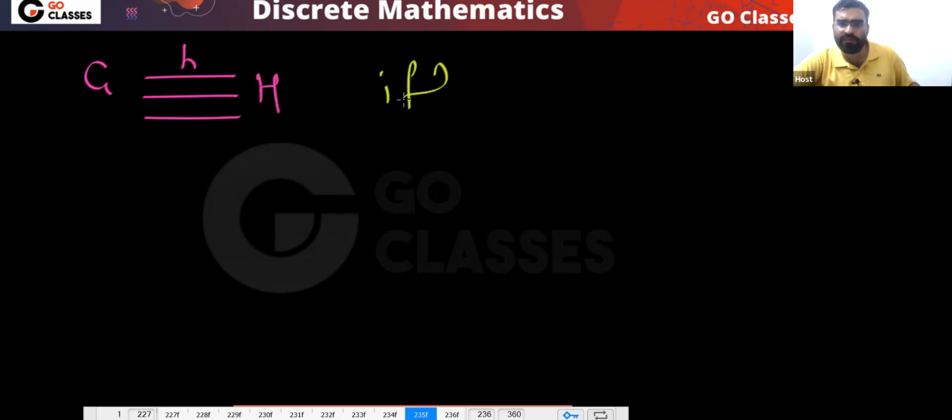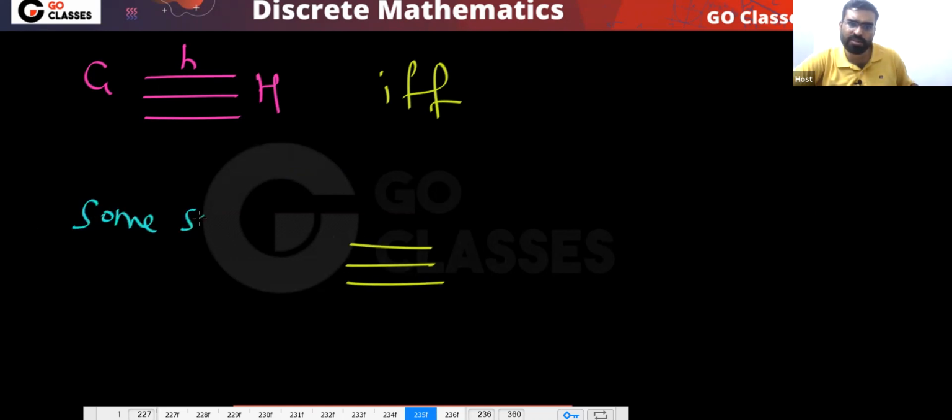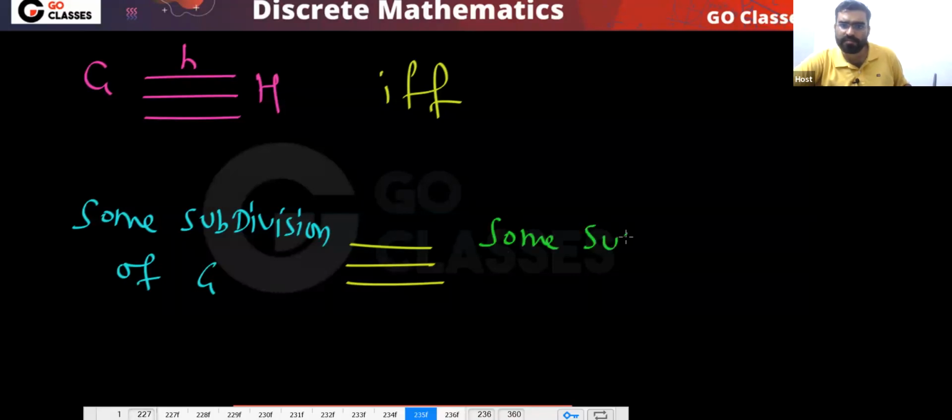They are homeomorphic if and only if some subdivision of G is isomorphic to some subdivision of H. Is the definition clear?